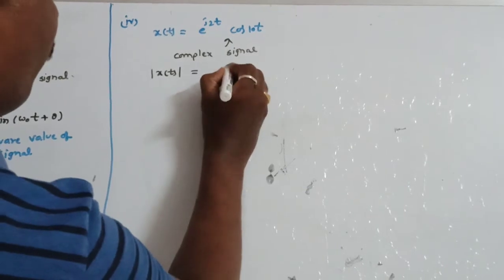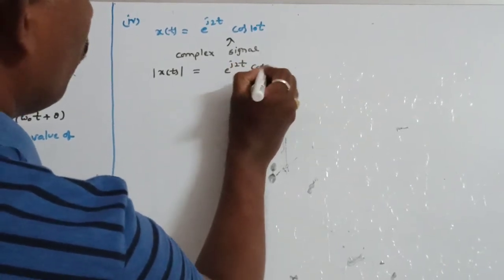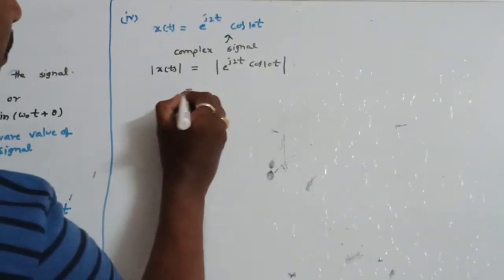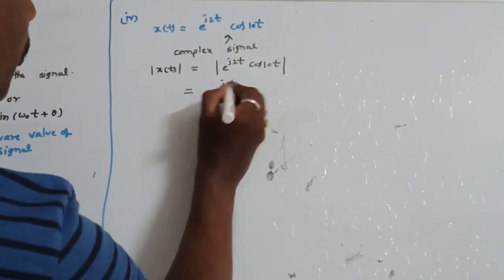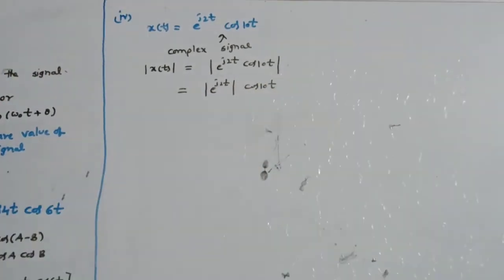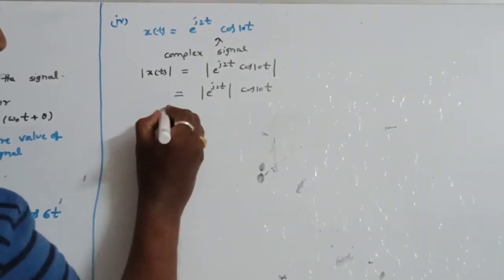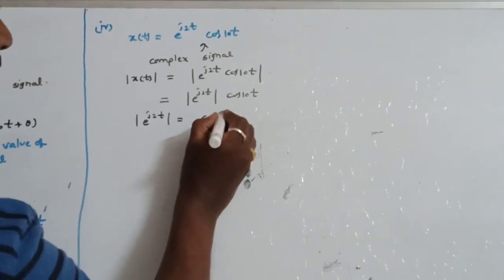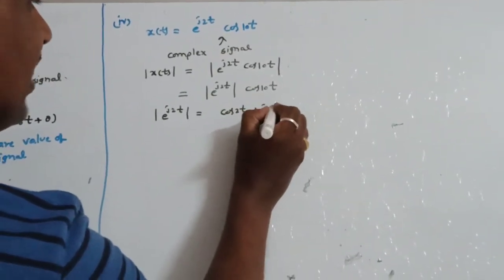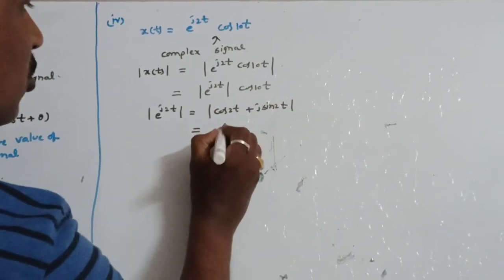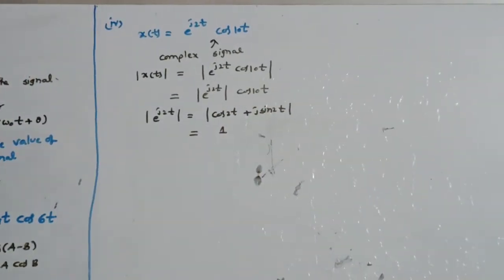Separate the moduli: the modulus of e power j2t into cos 10t is the modulus of cos 10t times the modulus of e power j2t. As you know from complex numbers, e power j2t can be expanded as cos 2t plus j sin 2t, and its magnitude is square root of cos square 2t plus sin square 2t, which is 1.